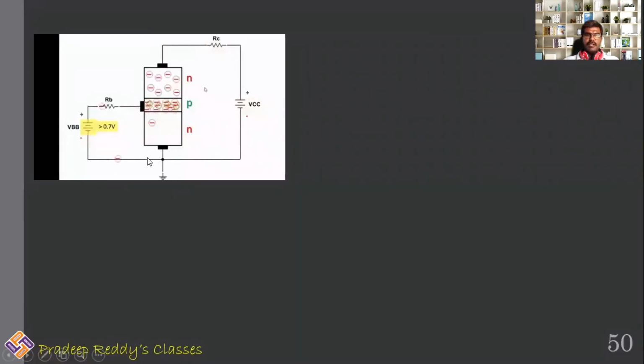So there are three different types of configurations in which you can connect a transistor, which we will be discussing now. As we know, we have three components: emitter, base, and collector.